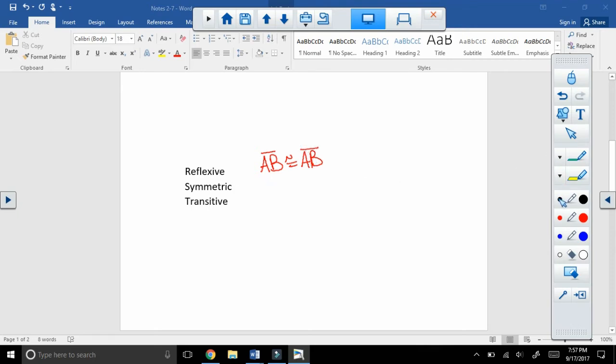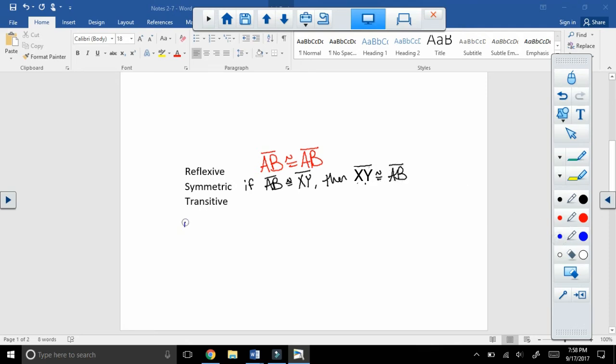For the symmetric property, it might be something like if AB is congruent to XY, then segment XY is congruent to segment AB.